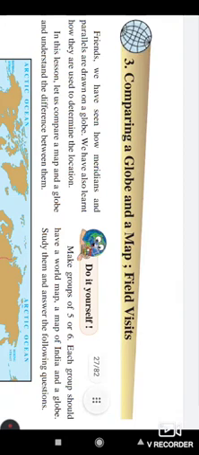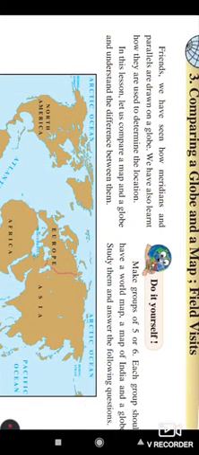Now let us start this third lesson, comparing a globe and a map, that is field visit. Okay, friends, we have seen how meridians and parallels are drawn on a globe.